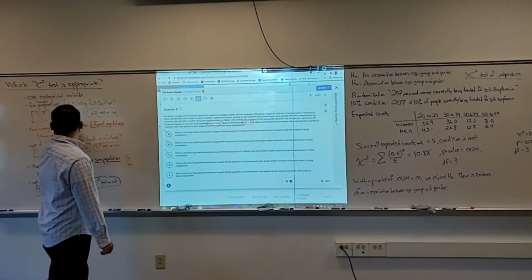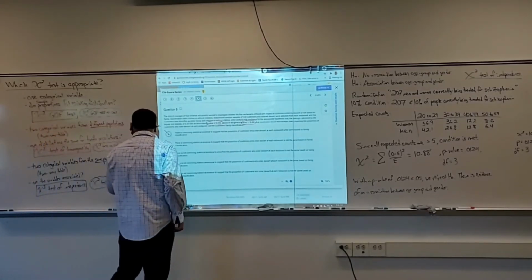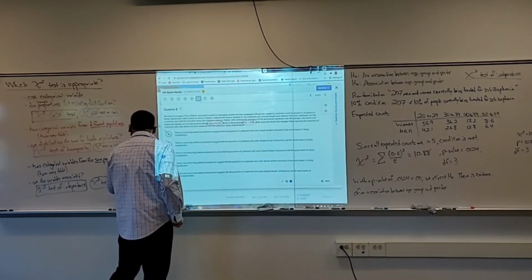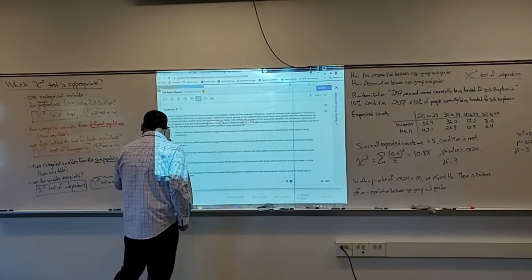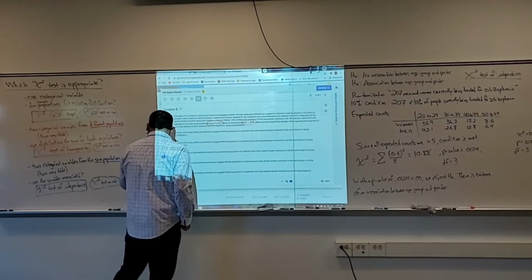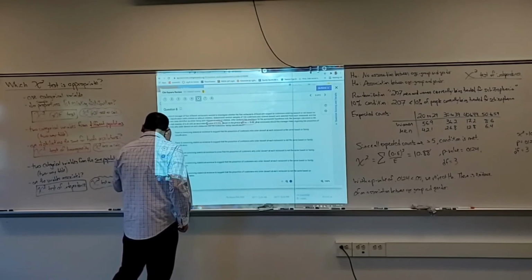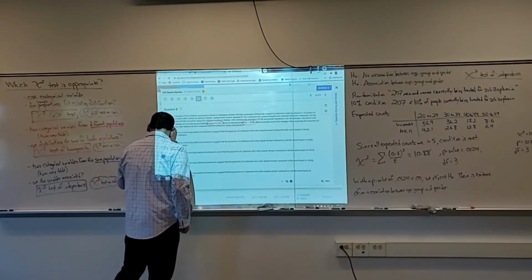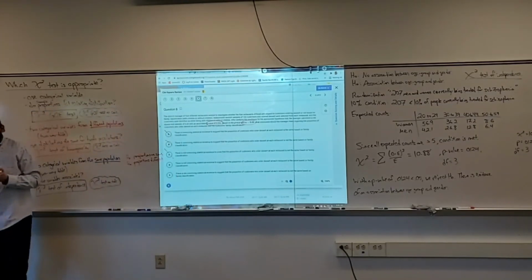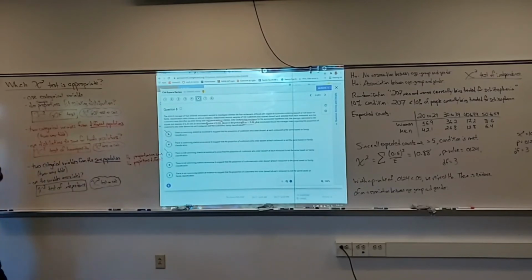So for a chi-square goodness of fit test, the null hypothesis is that the proportions are the same. And the alternative is that they're different. Remember, the alternative is what we're trying to prove.